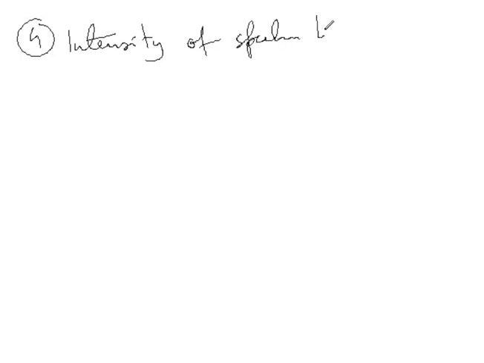Fine. Now let's talk about the next feature. The intensity of spectral lines in fact indicates the abundance of various elements.